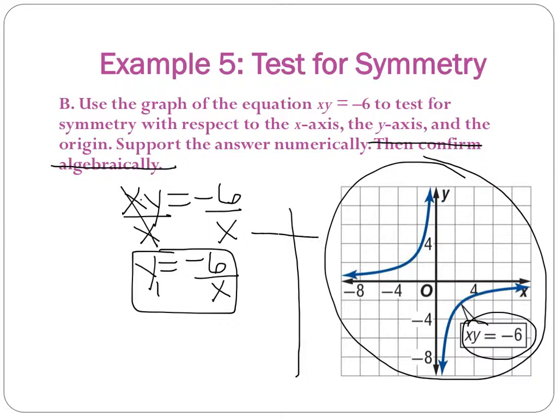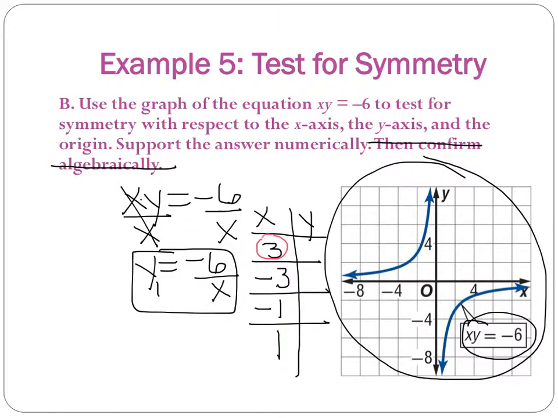Hopefully your table settings are on Ask for the independent variable. I'm going to pick a couple different pairs of opposite x values. So I'm going to do -1 and +1, and 3 and -3, and fill in the y column of my table.